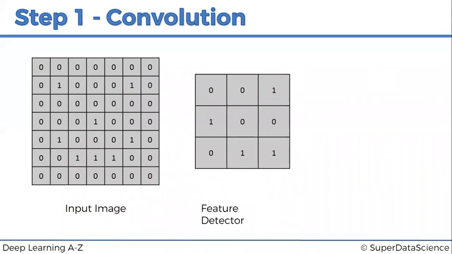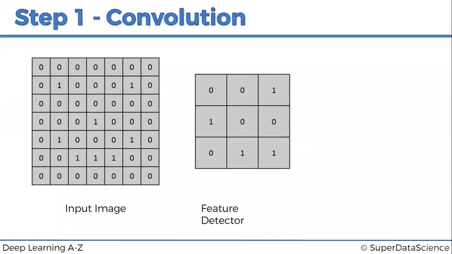So a feature detector is a 3x3 matrix. Does it have to be 3x3? No, it doesn't. AlexNet, I think, uses 7x7, and one of those other famous ones uses 5x5 feature detectors. They can be different, but usually you'll see that they are 3x3, and there are reasons to make them 3x3.